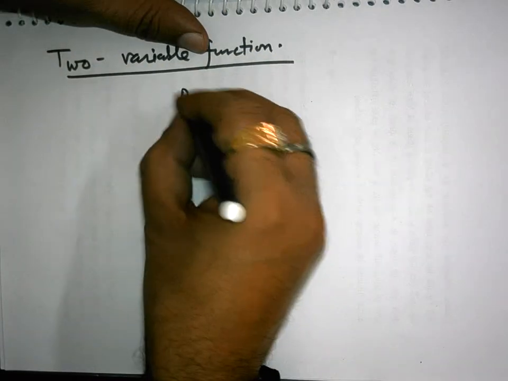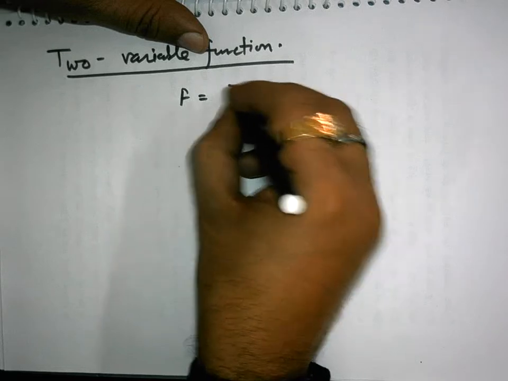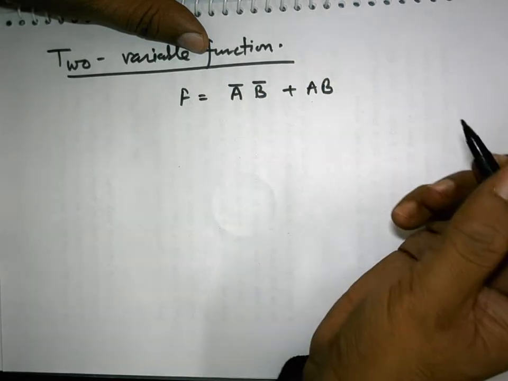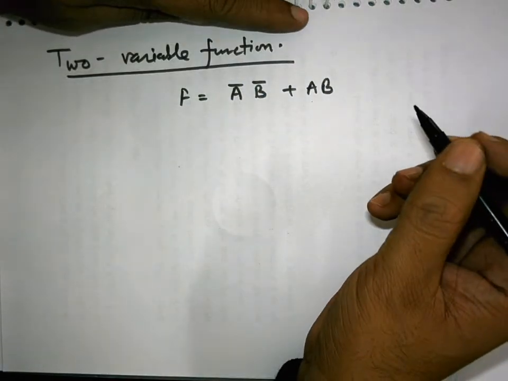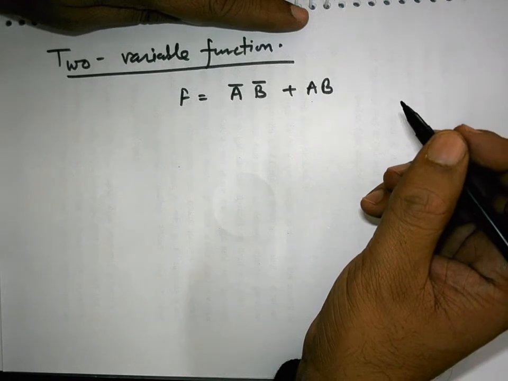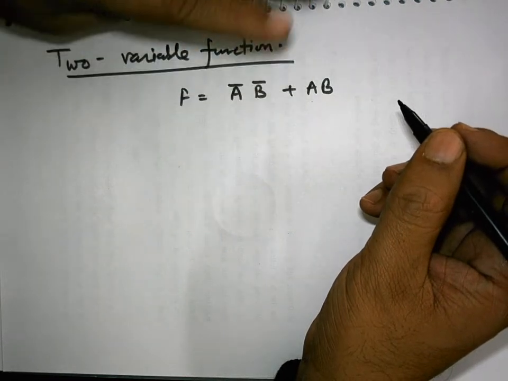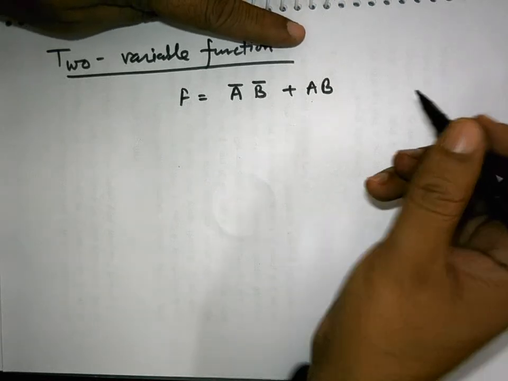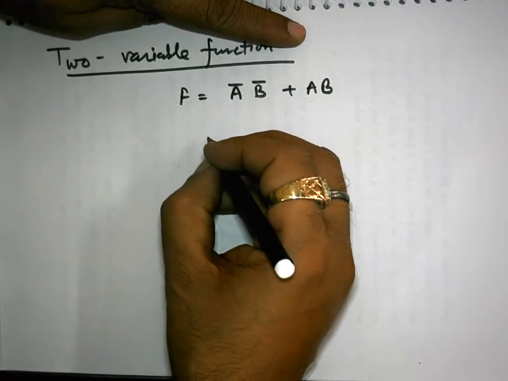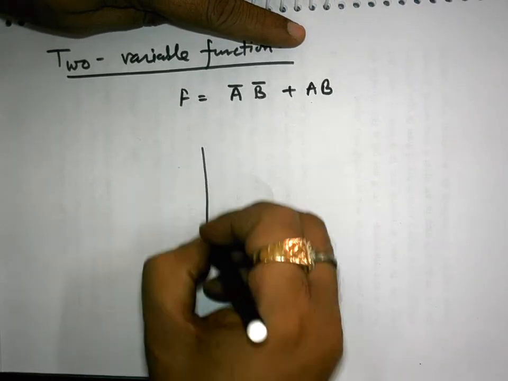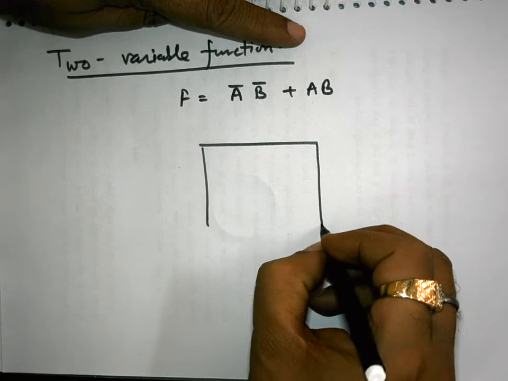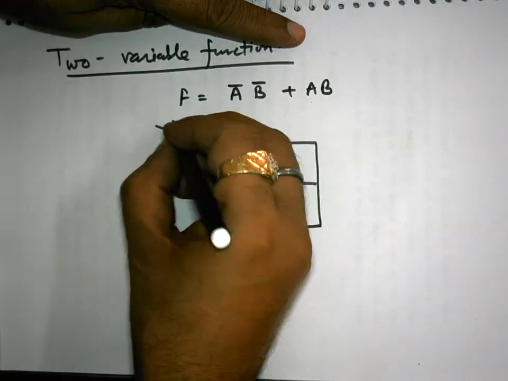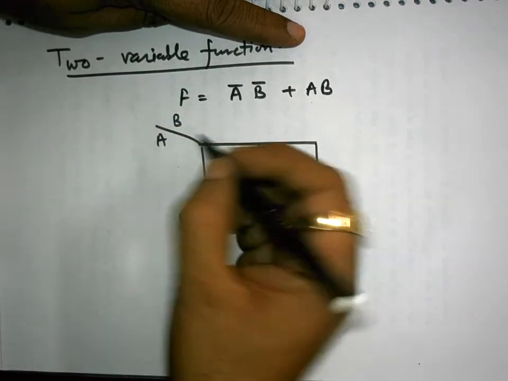Suppose we have a function f is equal to a bar b bar plus ab. This we need to simplify using K-map. So for this I need to draw a two variable K-map, b on this side and a on this side.